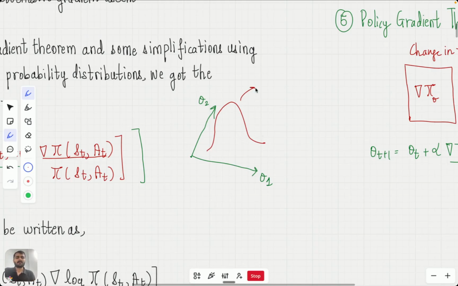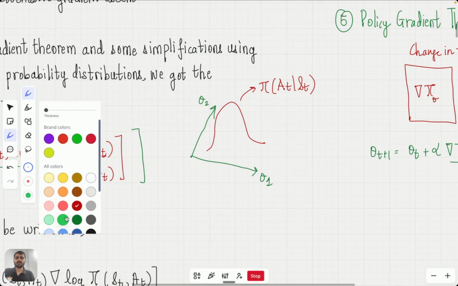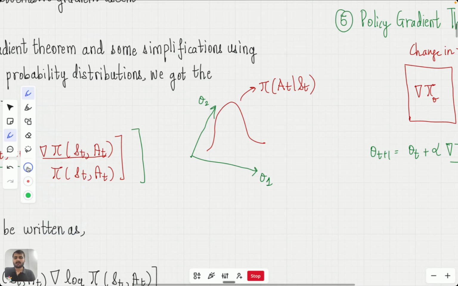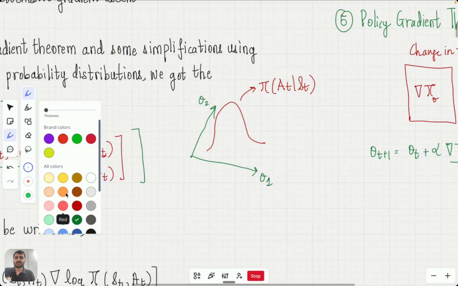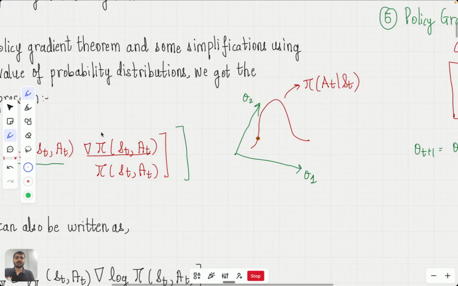And what this curve is depicting is pi of at given st, which is the probability of choosing action at while being in state st. Now, what this expression is telling us is, let's say I am somewhere here. This term, grad pi divided by pi, is the direction of the gradient along this curve.